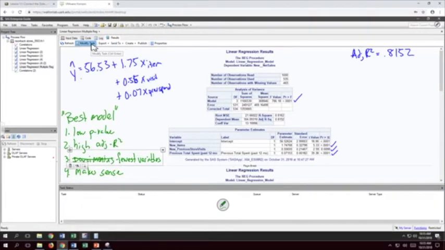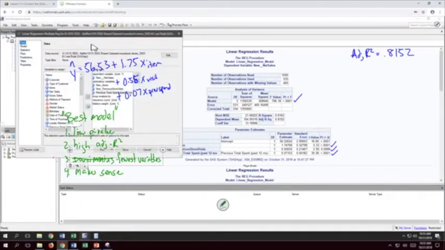Now we'll modify the task. I'm going to leave all this stuff, and all I'm going to do is just take out previous store visits. Okay, so just based on what we know, we're going to take out previous store visits and I'm going to rerun this.